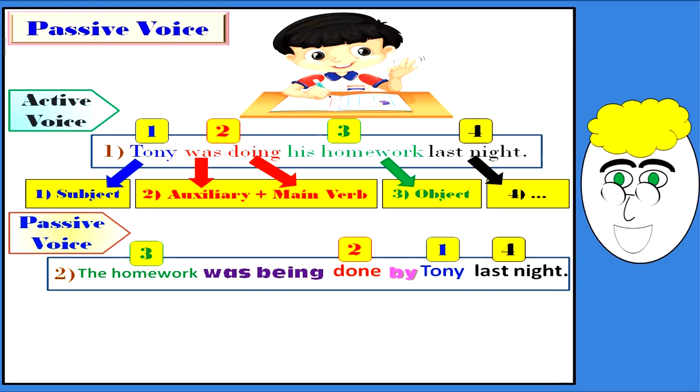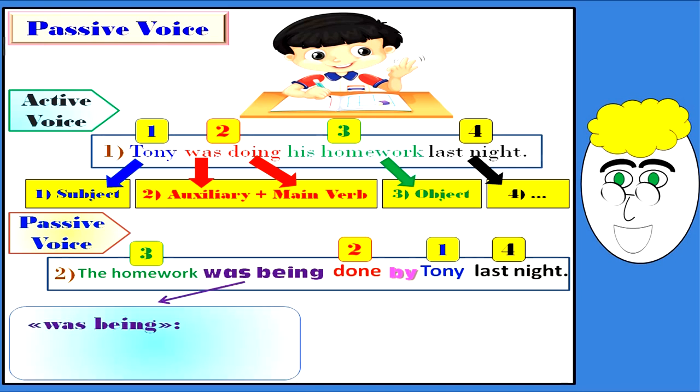Now let's talk about the main changes that have occurred, okay? We talked about the change of the parts, 1, 2, 3, 4. We start by 3, 2, 1, and 4, and then we have some elements to add to the sentence to make it meaningful and correct. The first part is "was being" here, which is very important.